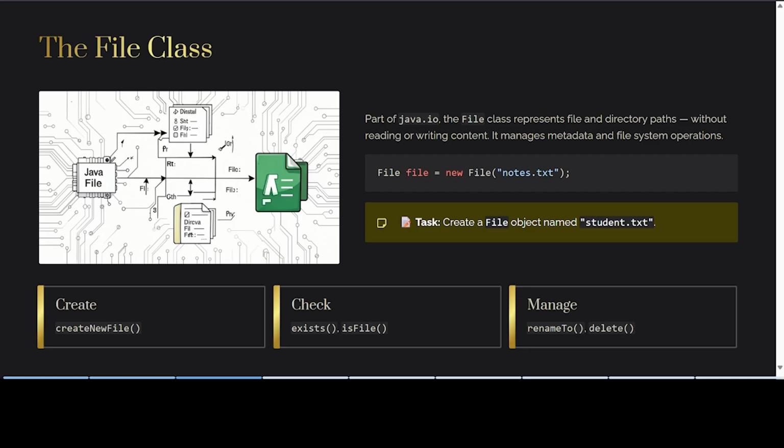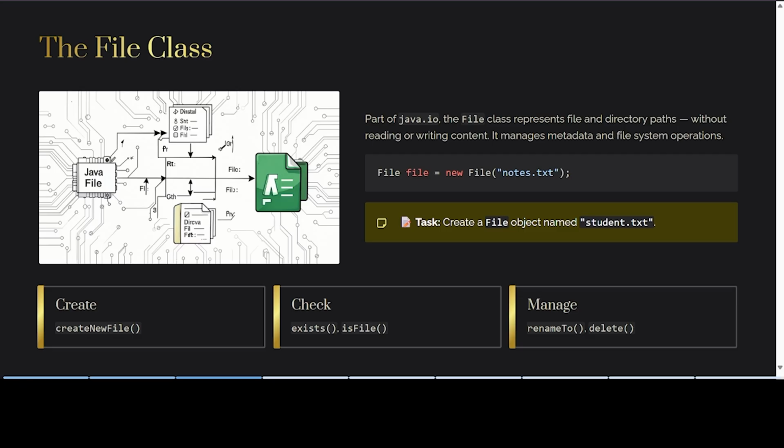For example, suppose you know your house address. Knowing the house address doesn't mean entering the house, right? Similarly, the File class knows only where the file is. It does not go inside and access your files. It just knows the path.